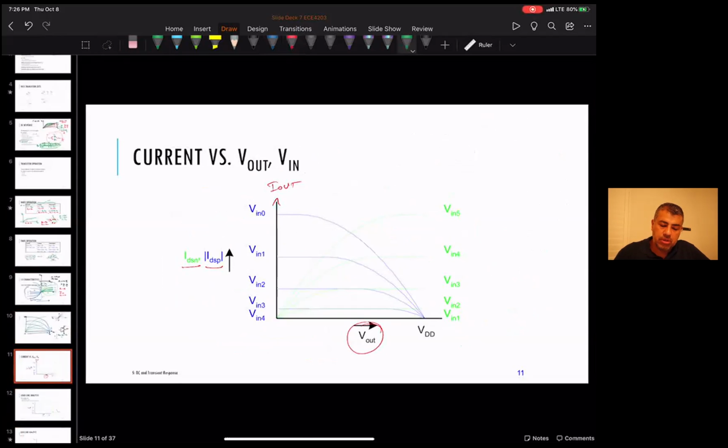So the V drain source for the N stays the same. But for the drain source of the P, you have to add VDD to it to be the same as V out, and it gets shifted over from this side to here, and then you get the superimposition. Any questions about that? I always get a little confused about load lines myself, but that's what we're doing.